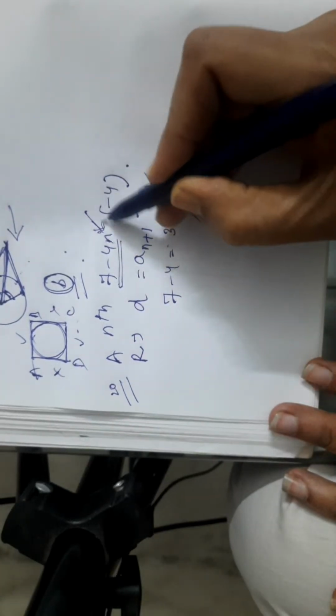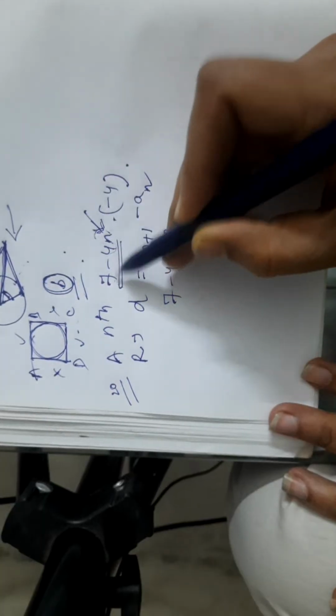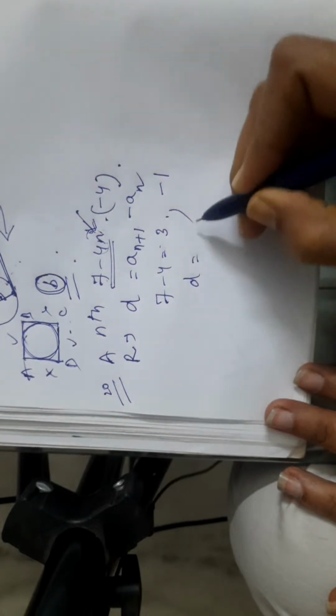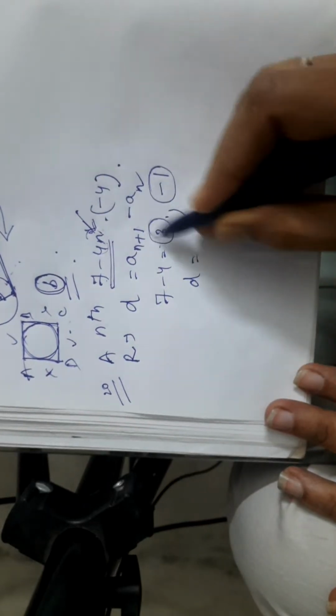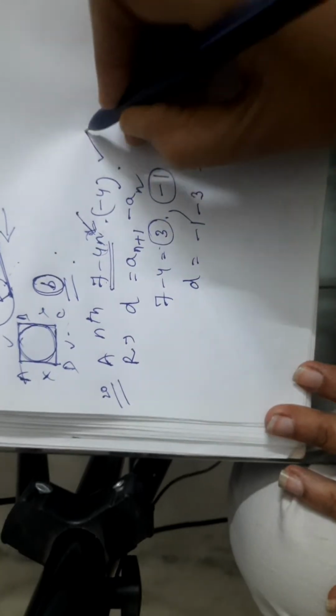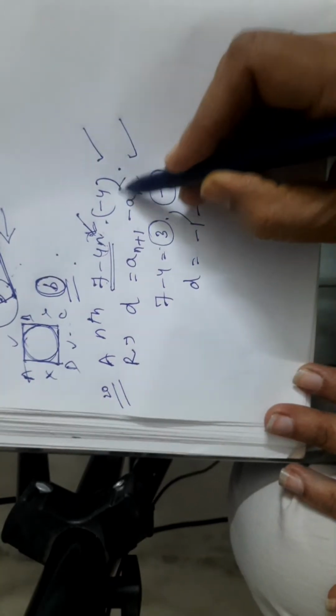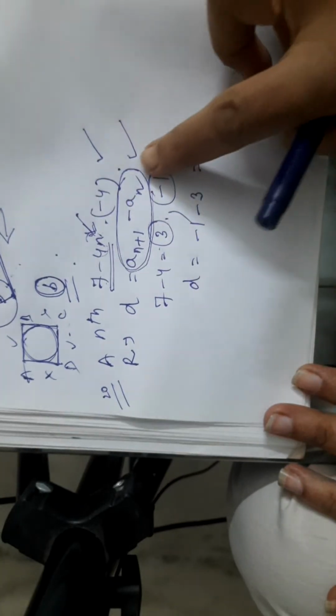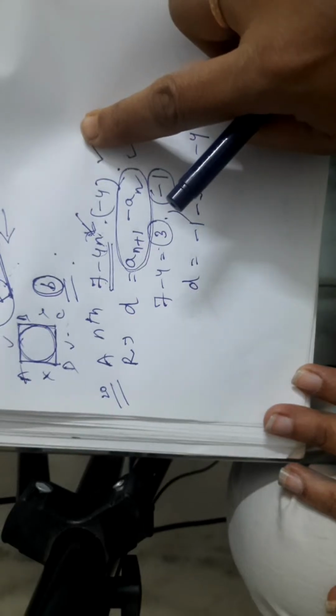If we replace it by 2, 4 2s are 8, 7 minus 8 is minus 1. Let's find out d. d is a2 minus a1, minus 1 minus 3, thus it is minus 4. Assertion is correct, reason is correct, as the formula of d is a2 minus a1. So both are correct, and moreover it is a correct explanation.